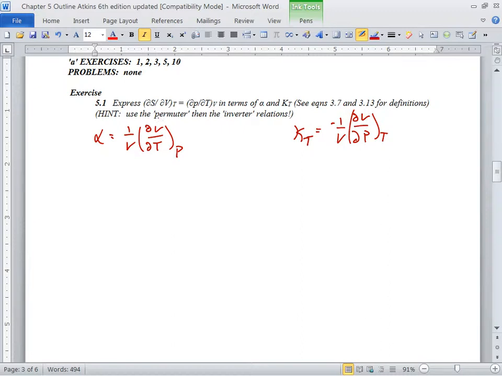I wanted to give you that. This wasn't in your notes. Use the permuter and then the inverter. So remember what these are. If you have the partial of x with respect to y at constant z, this is the one where you look at the dz's and they kind of cancel.